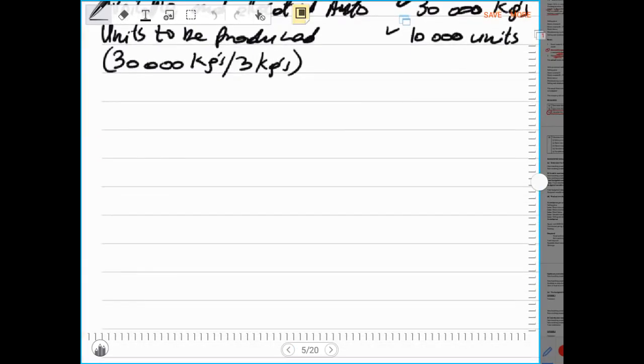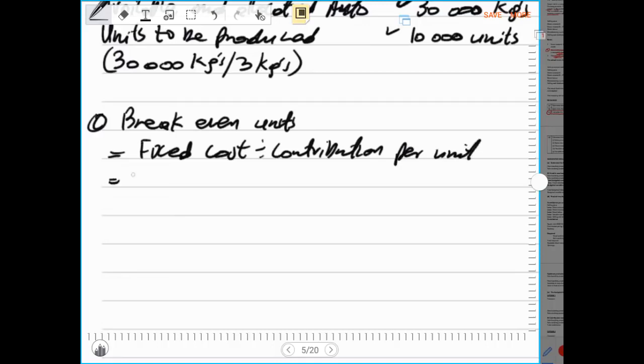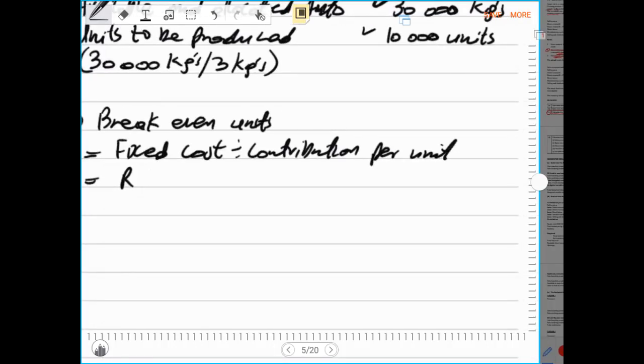So I can respond now to question C, where I say break-even point, or break-even units, is equal to all the fixed cost divided by contribution per unit. My fixed cost is given as 194,000.